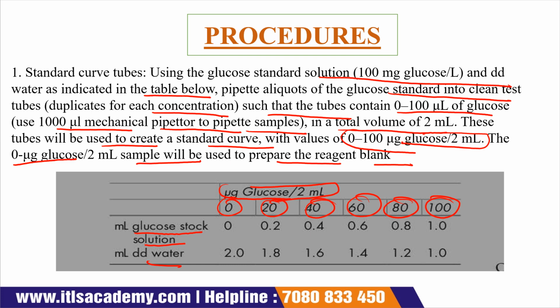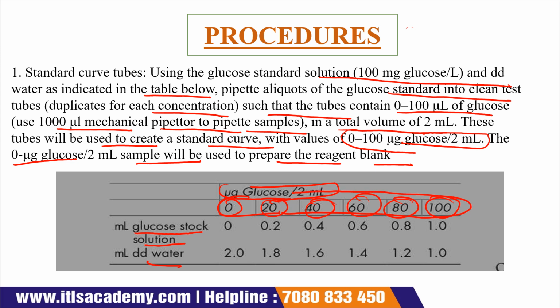Okay, so when we are adding 0.2 ml of glucose stock solution, then we are going to have 20 microgram of glucose per 2 ml. This column is for the standards of microgram of glucose per 2 ml.